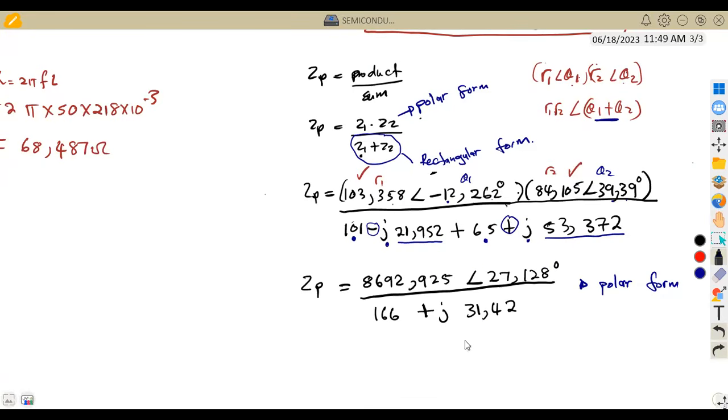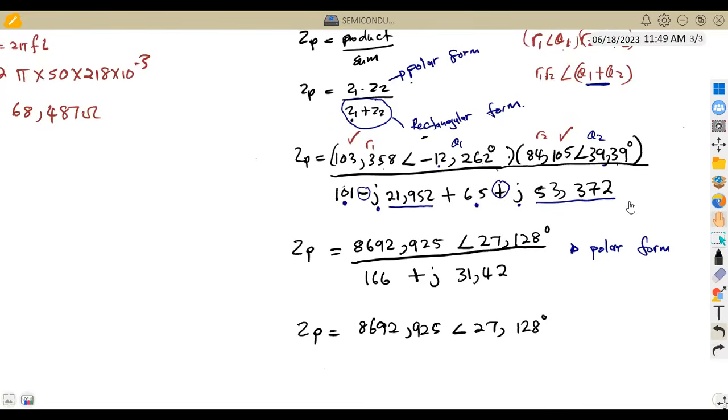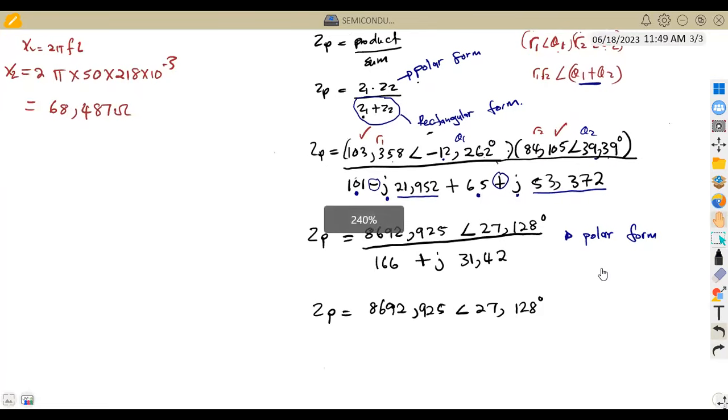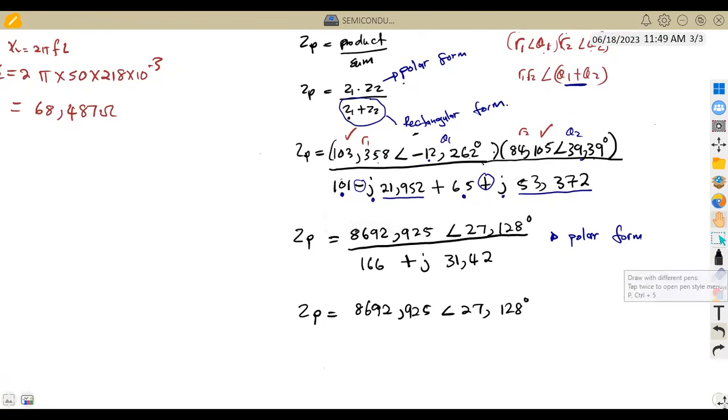So this is going to be 8692,925 angle of 27,128 degrees. There's nothing to do for this part because it's already in polar form, so we leave it as it is.